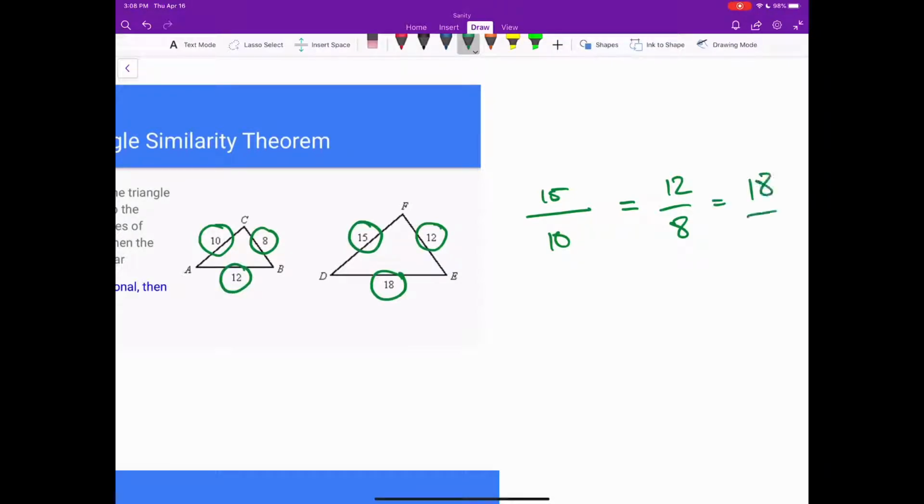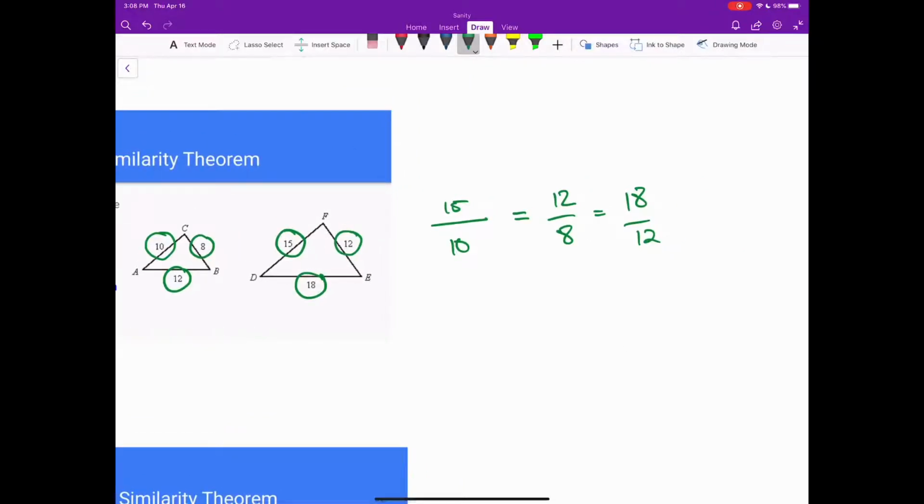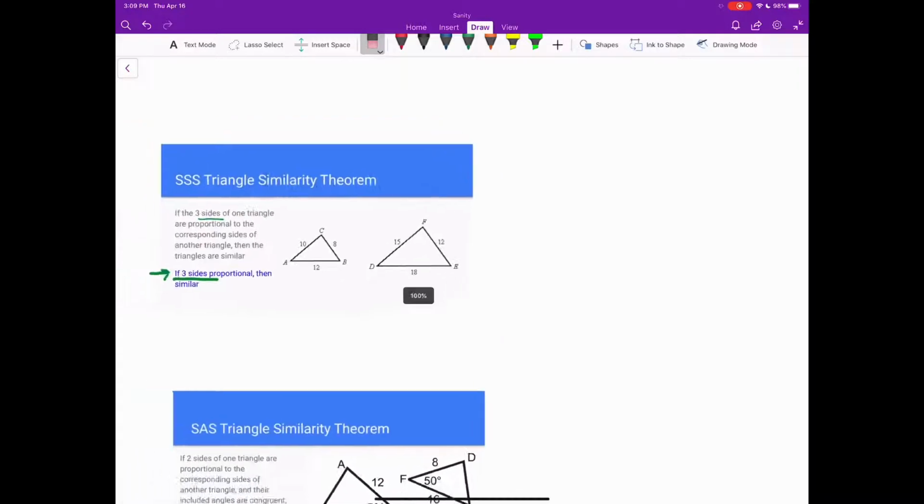And if you see, all of these are going to simplify down. These are all the same proportion. They're all 1.5. So really what I'm doing is I'm taking the scale factor of 1.5 to multiply all of these sides. Therefore, they have to be similar triangles, all right? So if you can show that all of the sides in our triangle are proportional, then you are good to go, all right? So side, side, side.